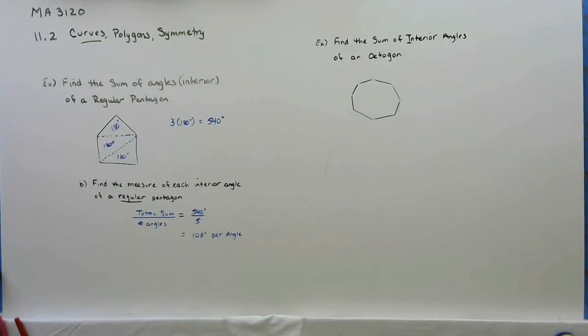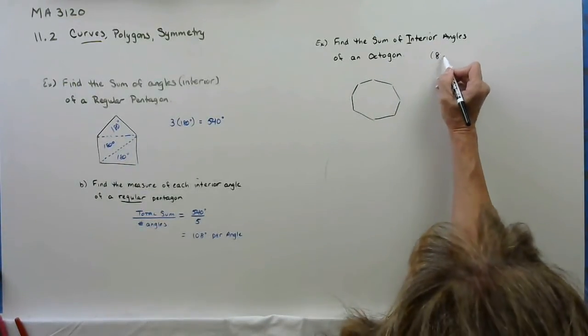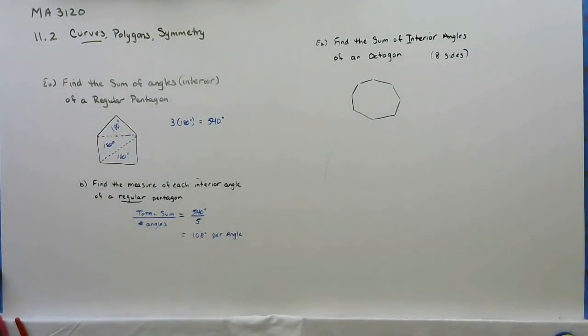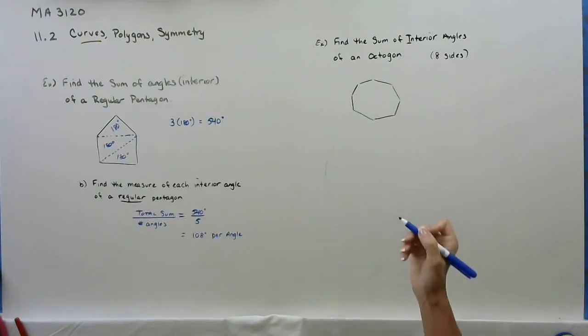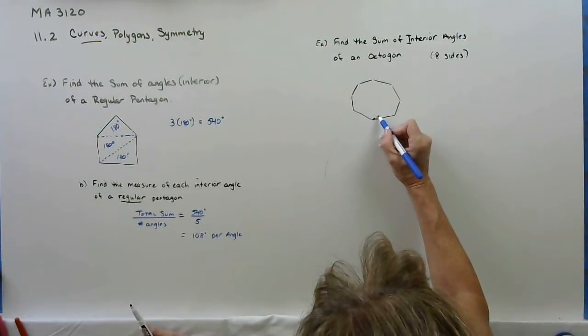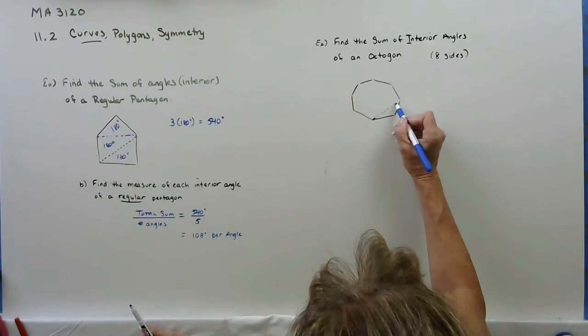And I want to know what's the total number of degrees in this octagon. So we know that there's 8 sides, which means that there's 8 angles. But let's figure out how many triangles we could break this up into. So I'm going to draw what are called diagonals. Diagonals go from any vertex on the interior to any other vertex.